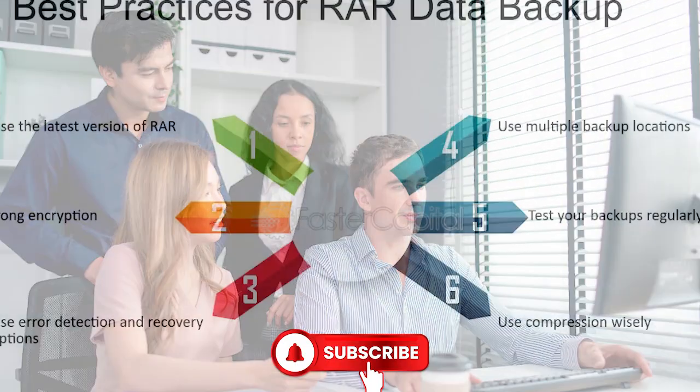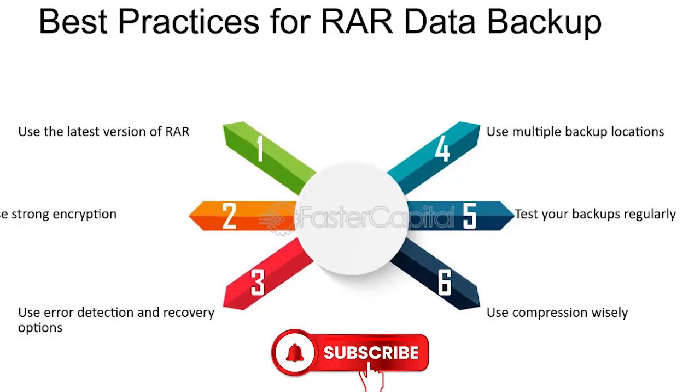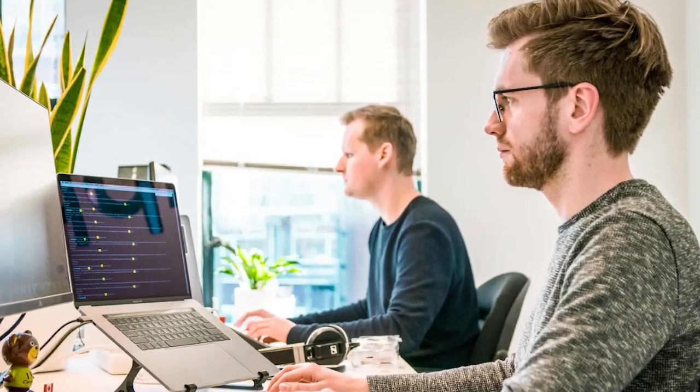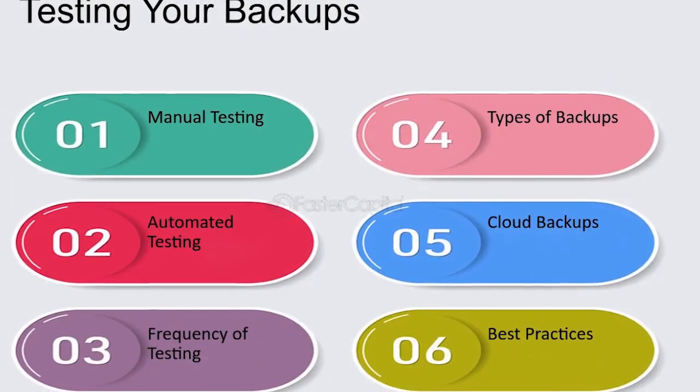Test versioning and retention policies to ensure older data can be restored. Review security measures to keep your backup safe from unauthorized access. Document your test results and adjust your strategy as needed. And finally, establish a regular testing schedule that covers monthly, quarterly, and annual drills.